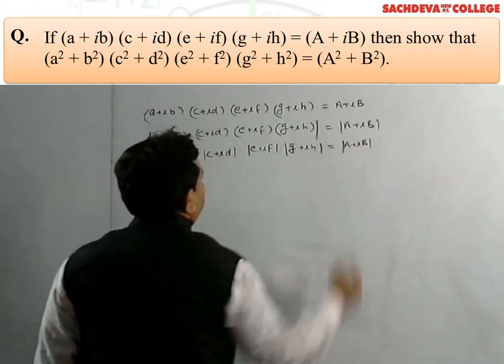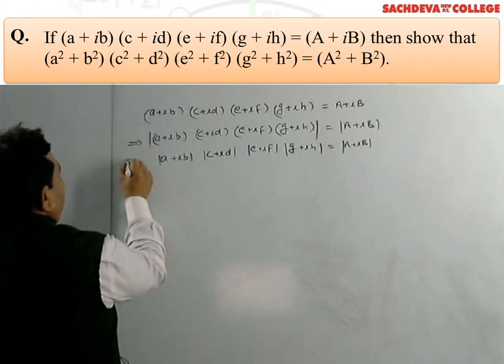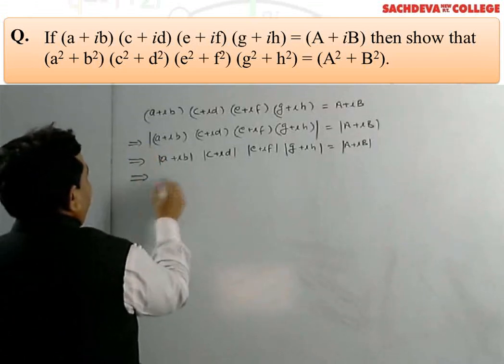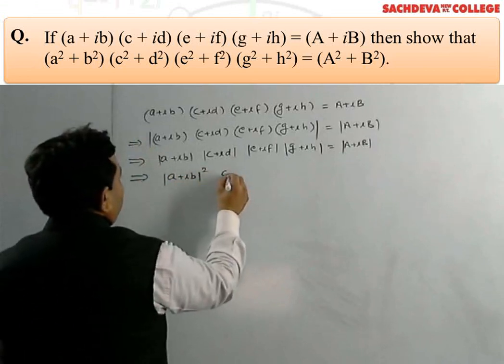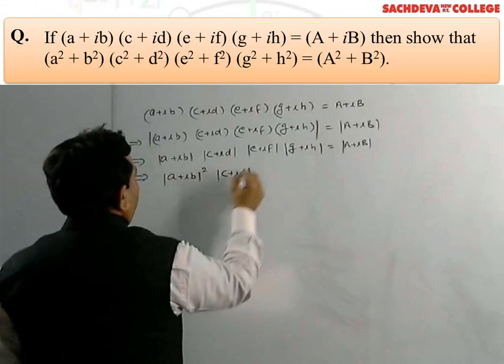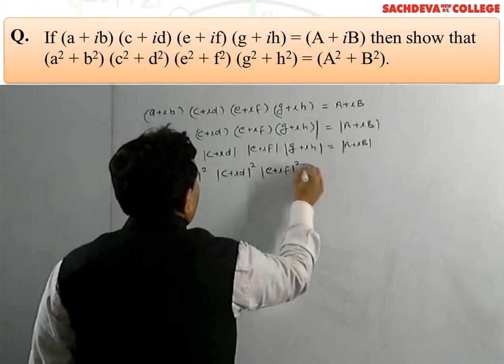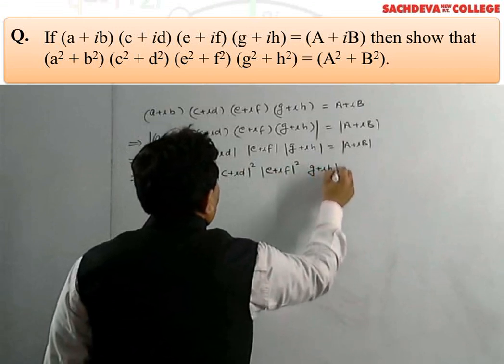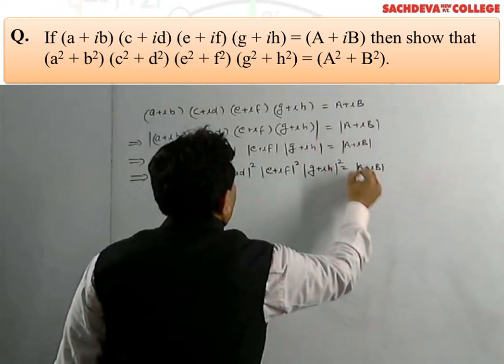Now on squaring both sides, we find mod of a plus iota b whole square into mod of c plus iota d whole square into mod of e plus iota f whole square into mod of g plus iota h whole square is equal to mod of a plus iota b whole square.